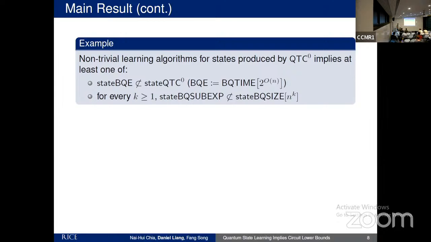We only really have results for very weak classes to not be in NX and things like that. These are fundamental results in classical complexity theory by Ryan Williams and his students. So it's very difficult to prove lower bounds, and this is in one direction saying that there's a path to prove it via quantum state learning.